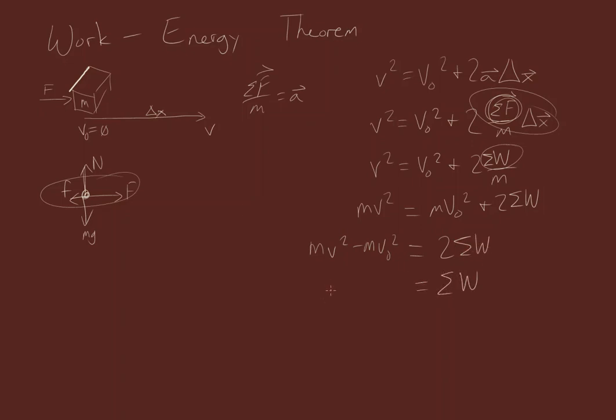Then divide both sides by 2. And we can see the relationship here. Net work causes a change in the kinetic energy of an object. And that's the work energy theorem.